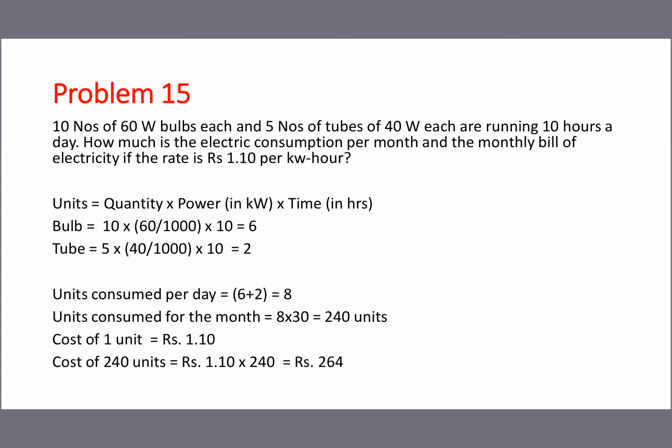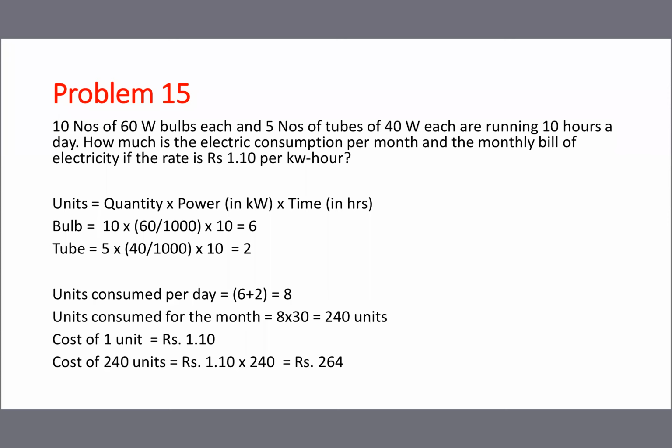So 240 multiplied by the cost of 1 unit, rupees 1.10. The 1 unit rate they have given, 1 rupee 10 paise. Multiply with 240, you will get rupees 264. So total 264 rupees per month.